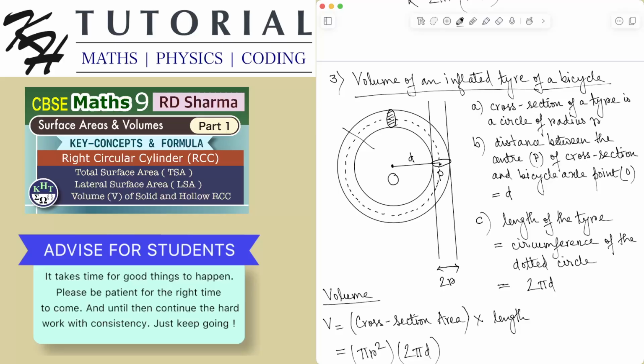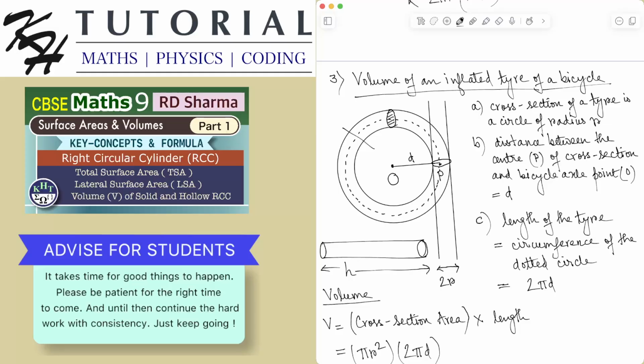The volume of that RCC will be the volume of the inflated tire. So this is the RCC, and let's say this is the height or length of the RCC, that is the tire when it is cut and flattened.